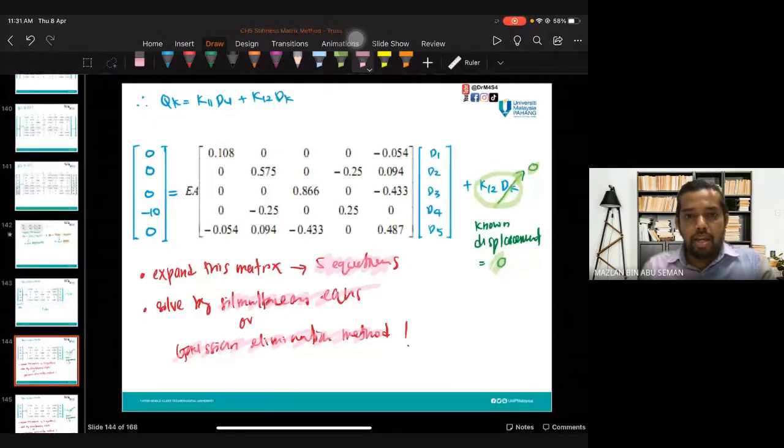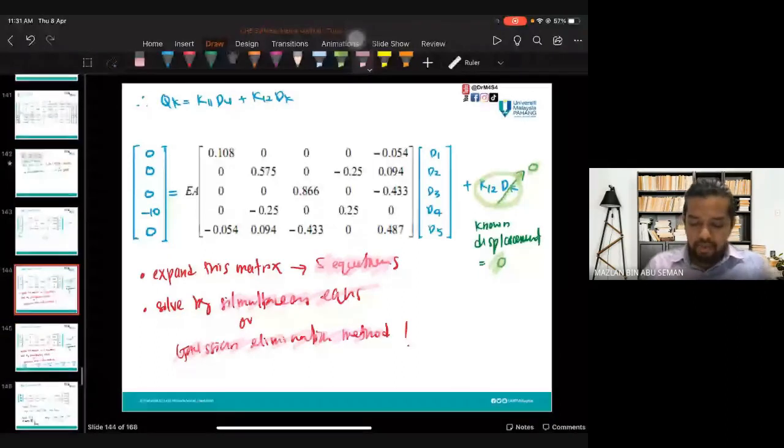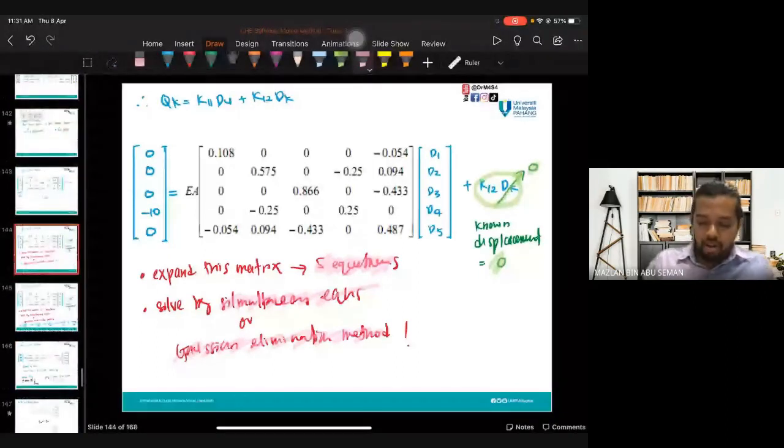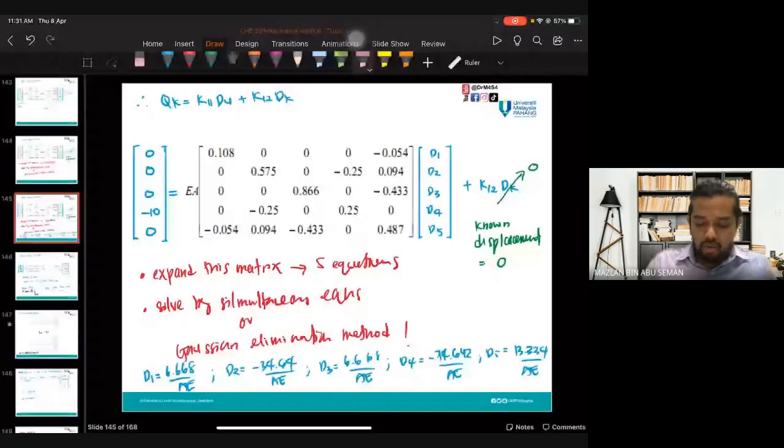I know some of you know a website to solve simultaneous equations and simply write the answer. But for the exam, please write the solution. Then you can solve and find D1, D2, D3, D4, D5. For your answer, it still has the value AE.